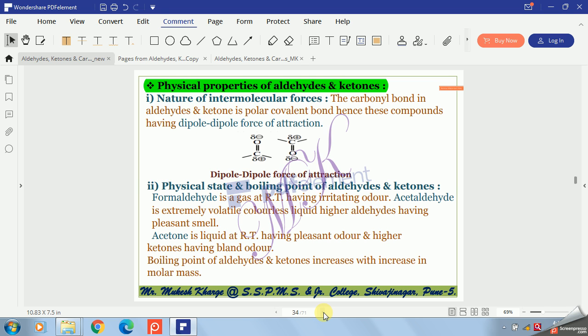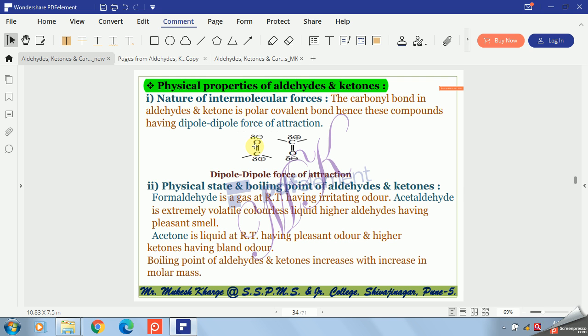Then physical properties of aldehydes and ketones. So let us discuss the nature of this carbonyl group, C double bond O. As I already said, carbon is electron deficient, so it is carrying delta positive charge. Oxygen is carrying delta negative charge because oxygen is more electronegative than carbon.